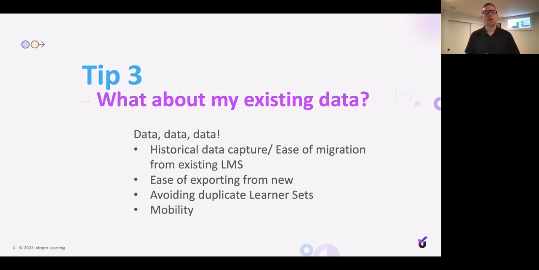So when you're looking at the new system, you'll want to make sure that it has the ability to accept that data from your past systems. And when you're looking at your existing one, how easy is it for you to pull all of that historical data? And in the case of OpenSesame customers too, they have that ability to have the duplicate data that we keep on file as well, so you can really cover all your bases there.